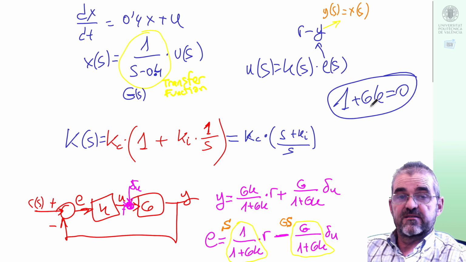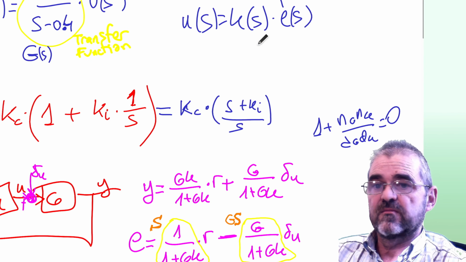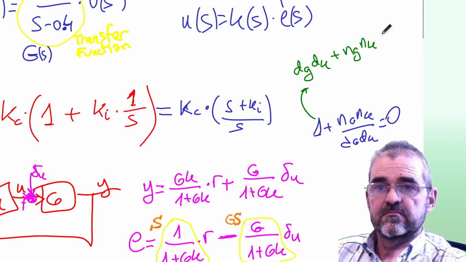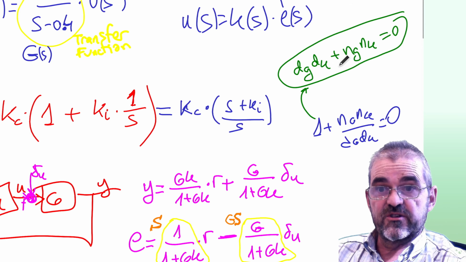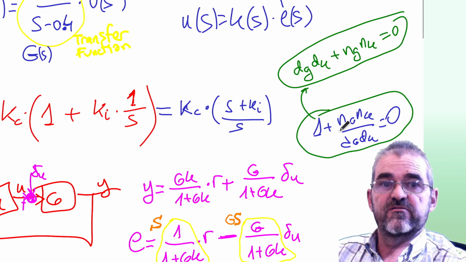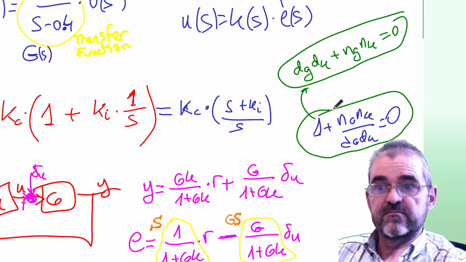But as G and K have numerators and denominators, we must remove denominators, so this will be written as this characteristic equation in polynomial form. The roots of this polynomial are the closed loop poles, but if we get it in fraction form, it's two ways of writing roughly the same thing, okay?